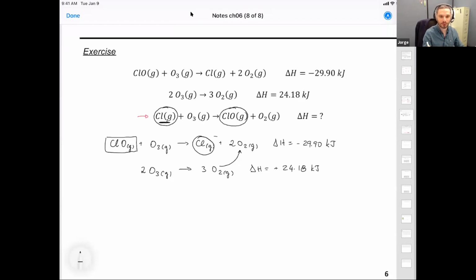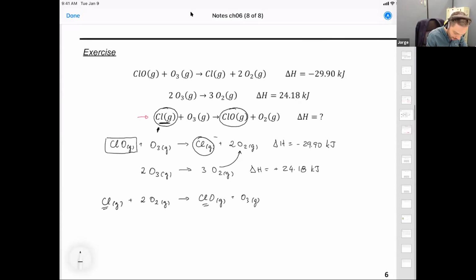Therefore, what we are going to do is to flip the first reaction: chlorine gas plus 2 oxygen gas, producing chlorine monoxide and ozone. Flipping the first reaction, now we have chlorine gas as a reagent, and that matches what we are looking for. Also, we have chlorine monoxide as a product, which matches what we are looking for in the problem.